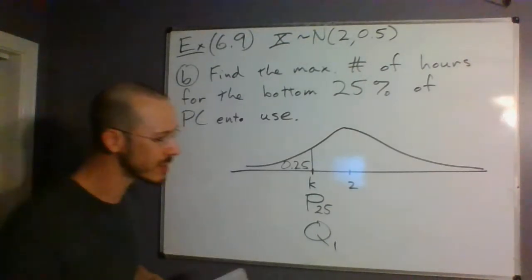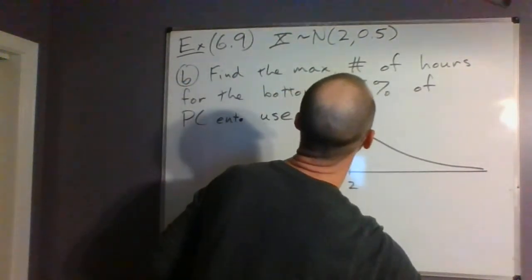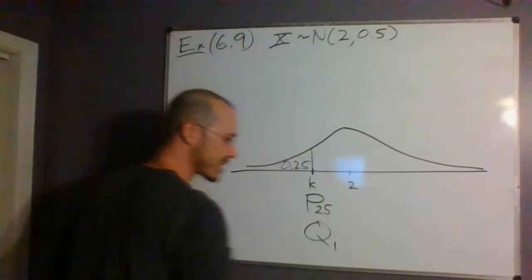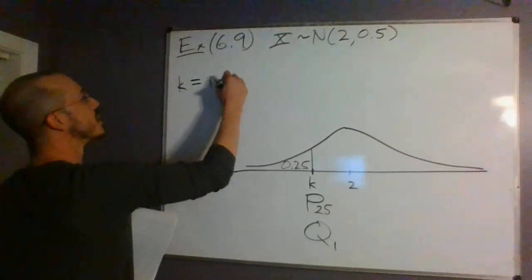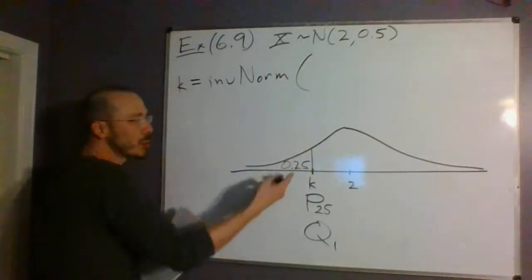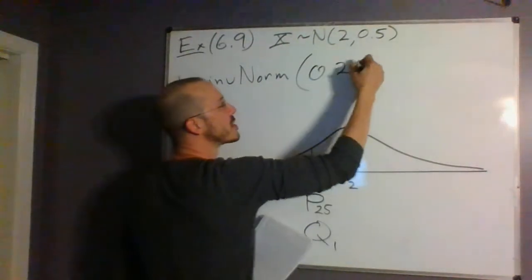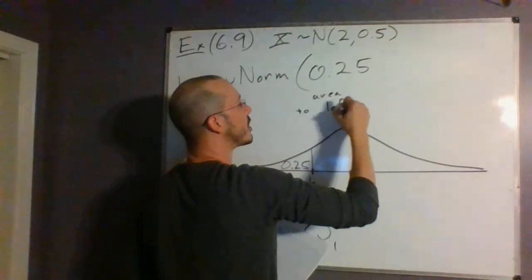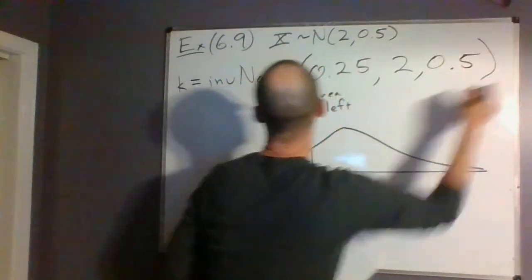All right, now to find this, I don't want to erase that. To find my k, I'm going to use the inverse normal function, inv-norm, and it's pretty much set up for me. The area I want is 0.25. That's the area to the left. The mean is 2 and the standard deviation is 0.5.